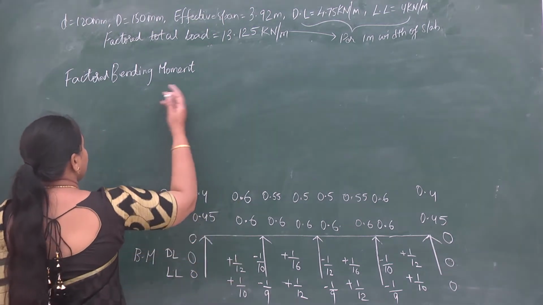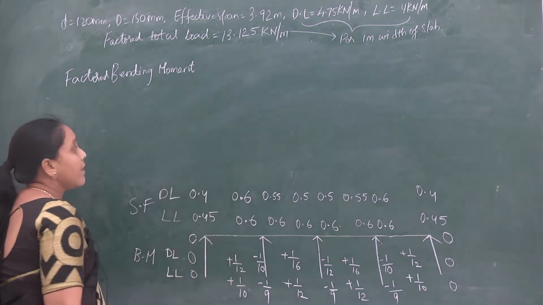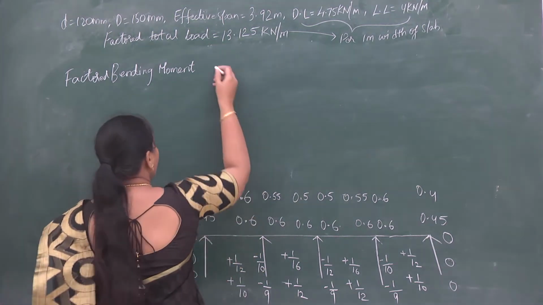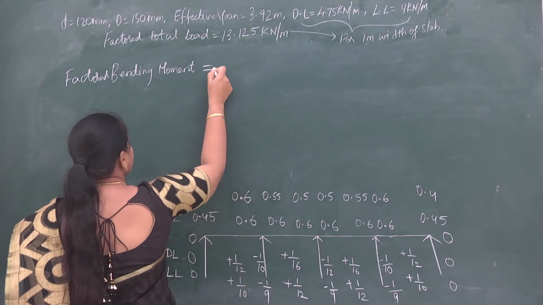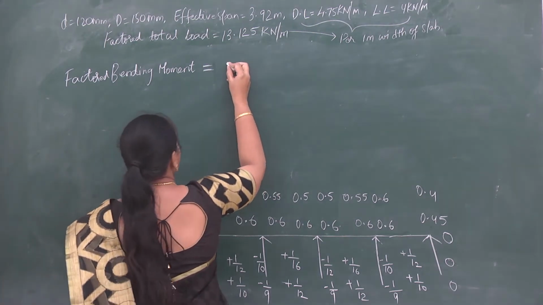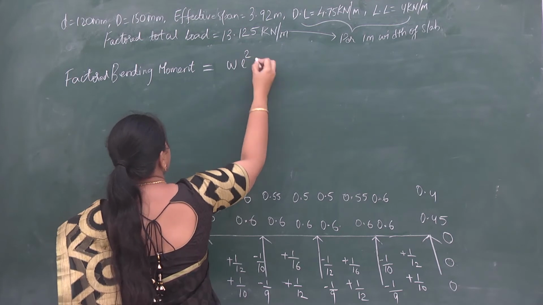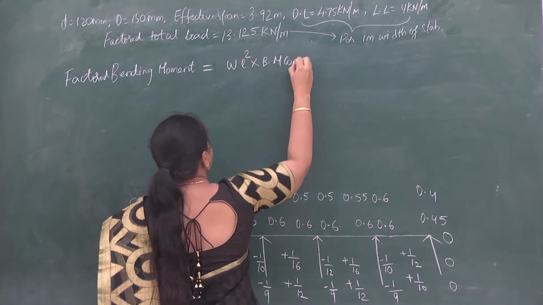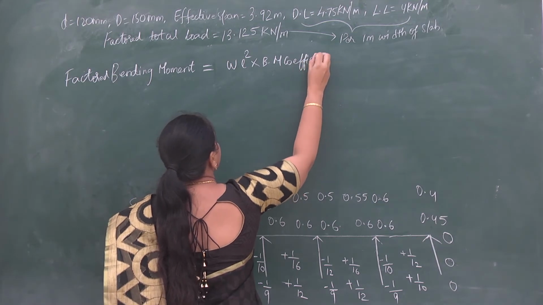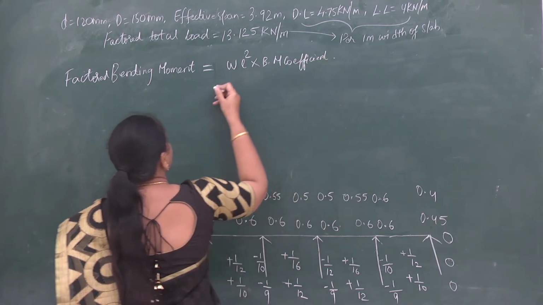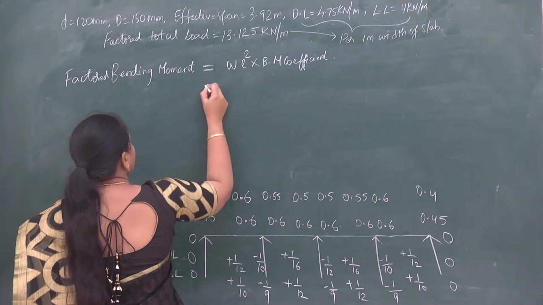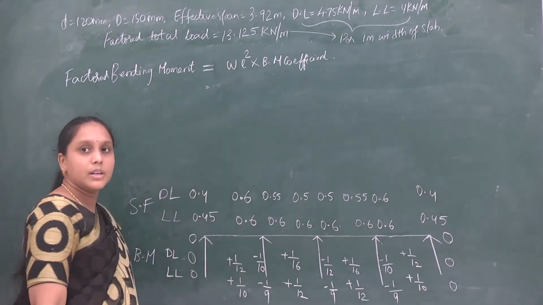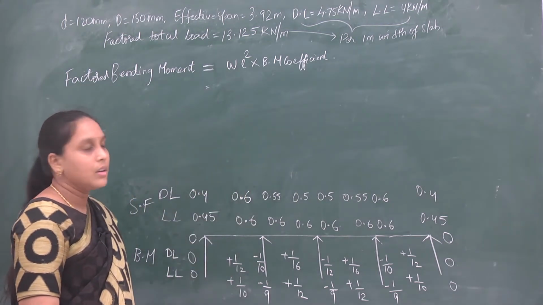So what is the formula for calculating the factored bending moment? It is W into L square into the bending moment coefficient. So W here is nothing but the factored load.